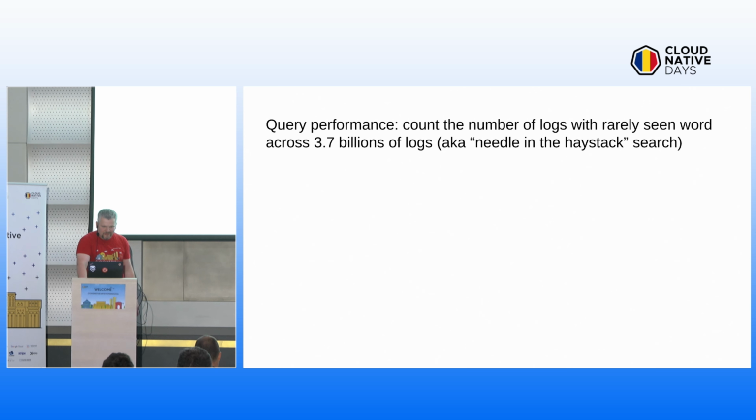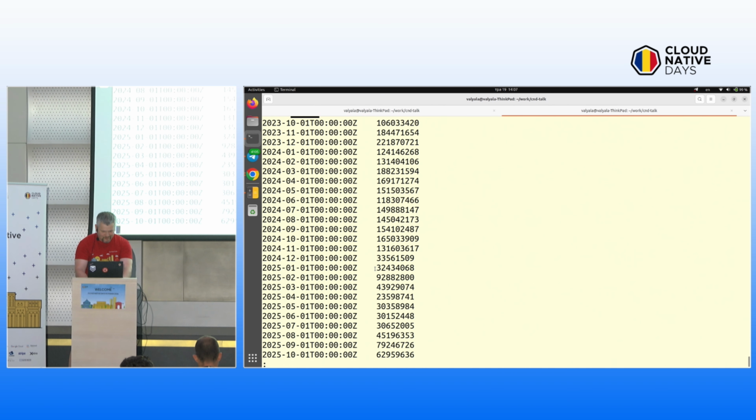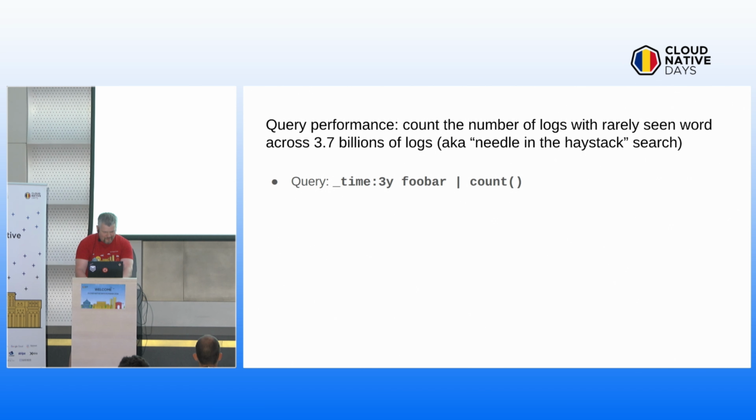Okay, then the next query is: let's count the number of logs with a rarely seen word inside these logs. These are typical queries when you need to search for logs by some trace ID, for example, or user ID or IP. The query is here. The foobar word is very rare in this database. So let's execute it and see how it goes.